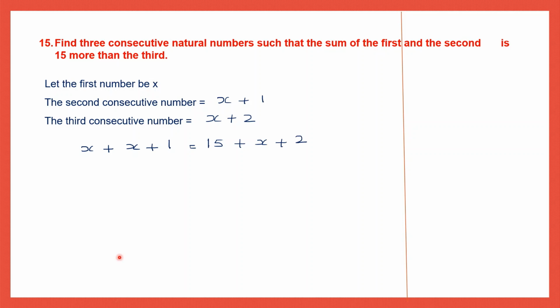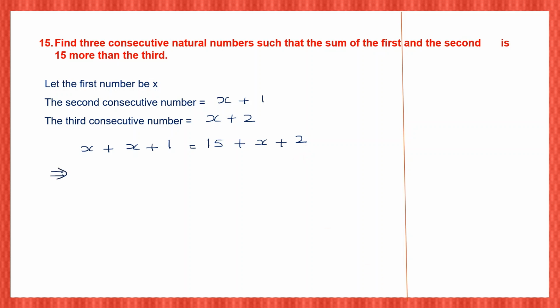If you add up these two, you will get the number which is 15 more than the third number, which is x plus 2. So now let's solve this.